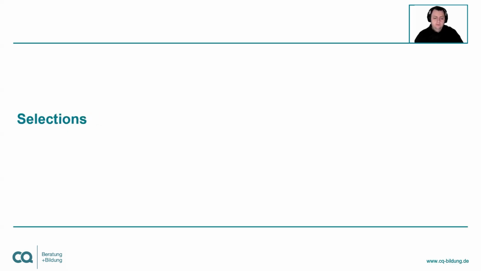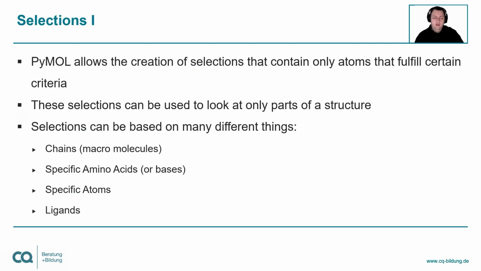The last thing I want to discuss here in regards to PyMOL are the different selections that PyMOL users can create. Selections are smaller objects that contain only atoms that fulfill certain criteria.